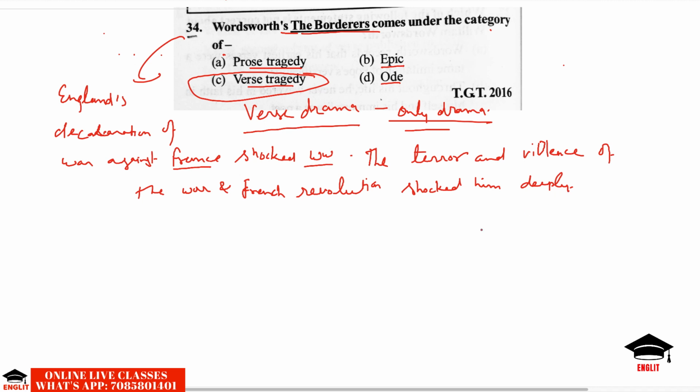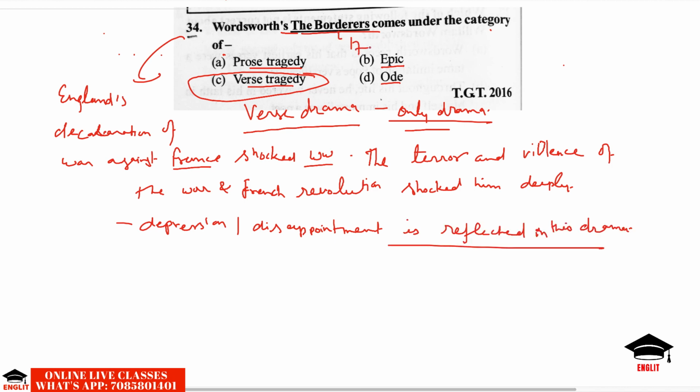And this depression and disappointment is reflected in The Borderers, in this drama. It was composed in 1796 and 97, and it was published in 1842. So it was written in 1796 and 97, and published in 1842.